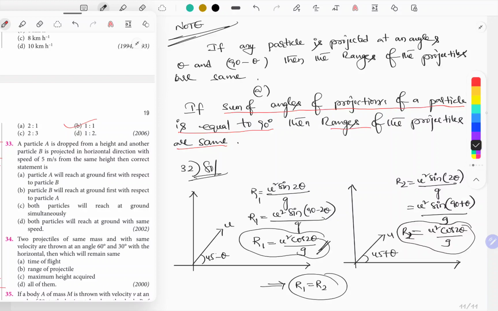If the sum of the angles of projections is equal to 90 degrees, then this is applicable. Try to understand. Very good. Let us see the next question.